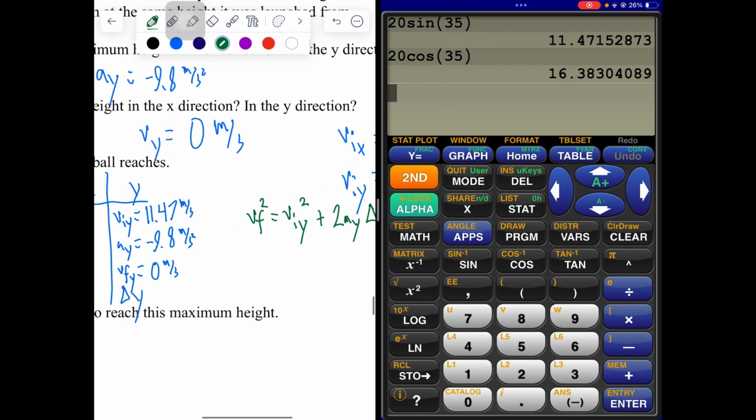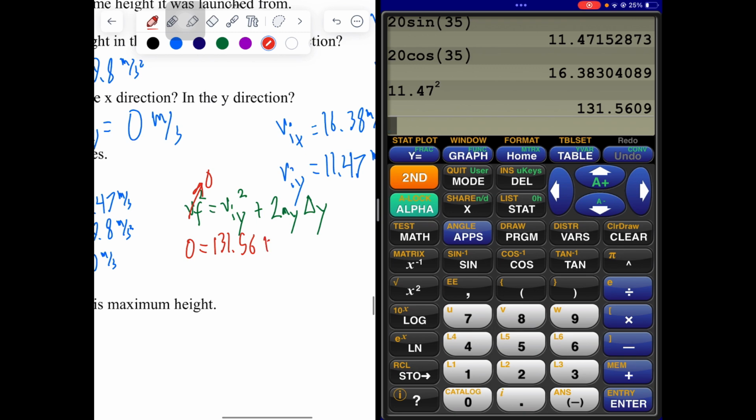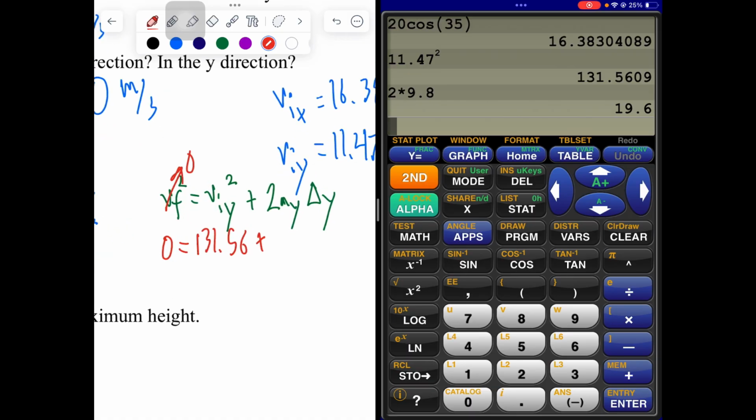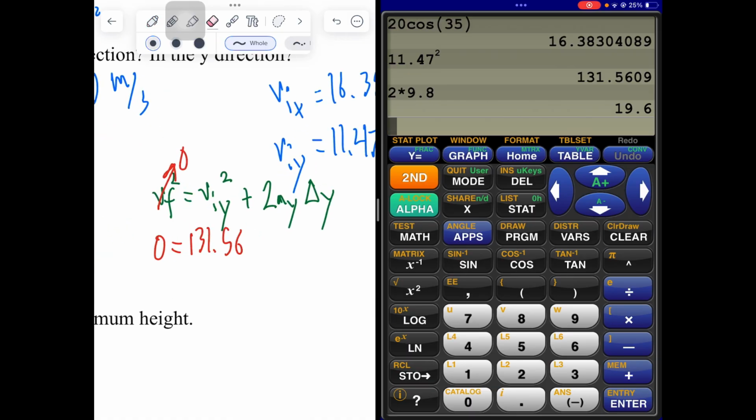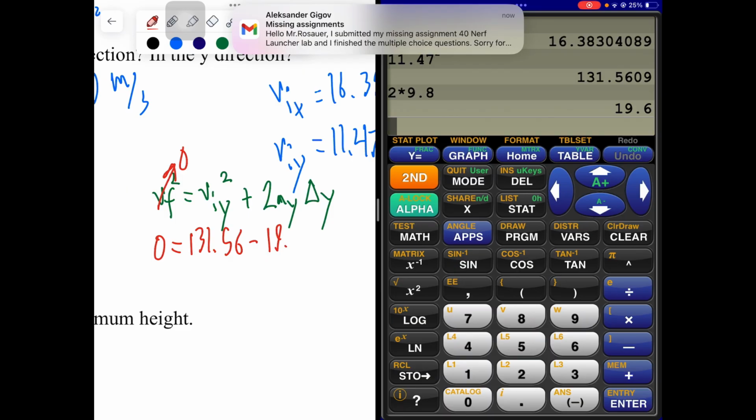Plug everything in. Final velocity in the y is 0. This turns into 0. Initial velocity in the y, we're just squaring that: 131.56, plus 2 times 9.8. This is negative 9.8 as well, so we're going to make this a minus sign: 19.6.